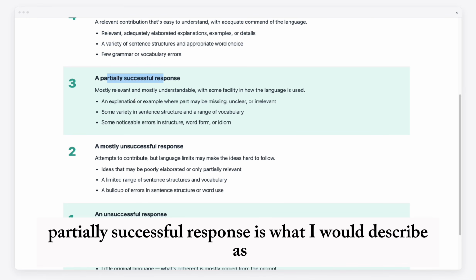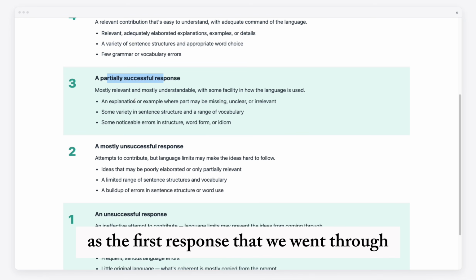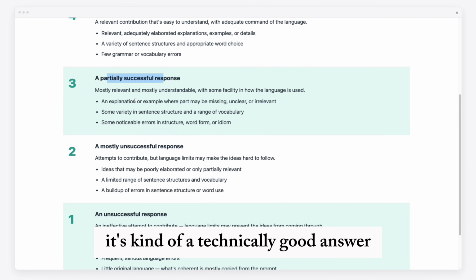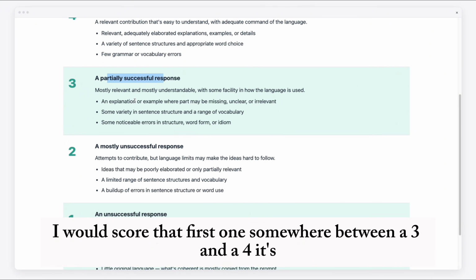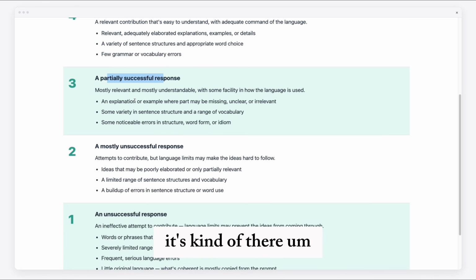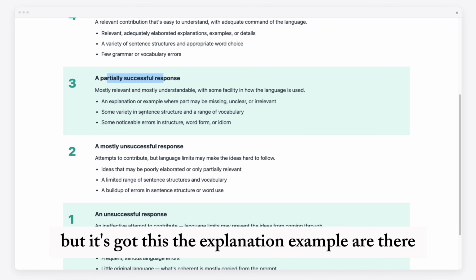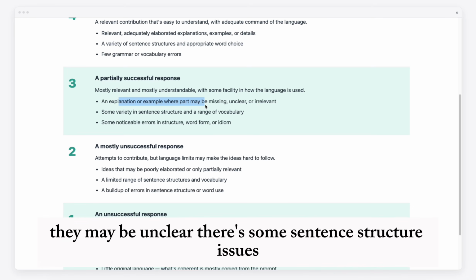Partially successful response is what I would describe as the first response that we went through. This is mostly relevant, mostly understandable. It's kind of a technically good answer. I would score that first one somewhere between a 3 and a 4. It depends on how the AI is programmed to score these ones. But the explanation and example are there, but they're partially missing. They may be unclear.